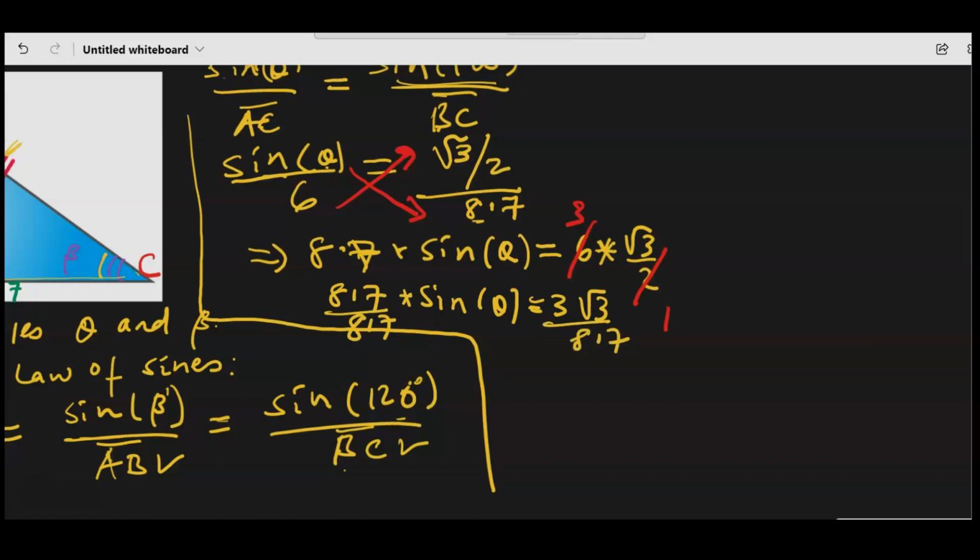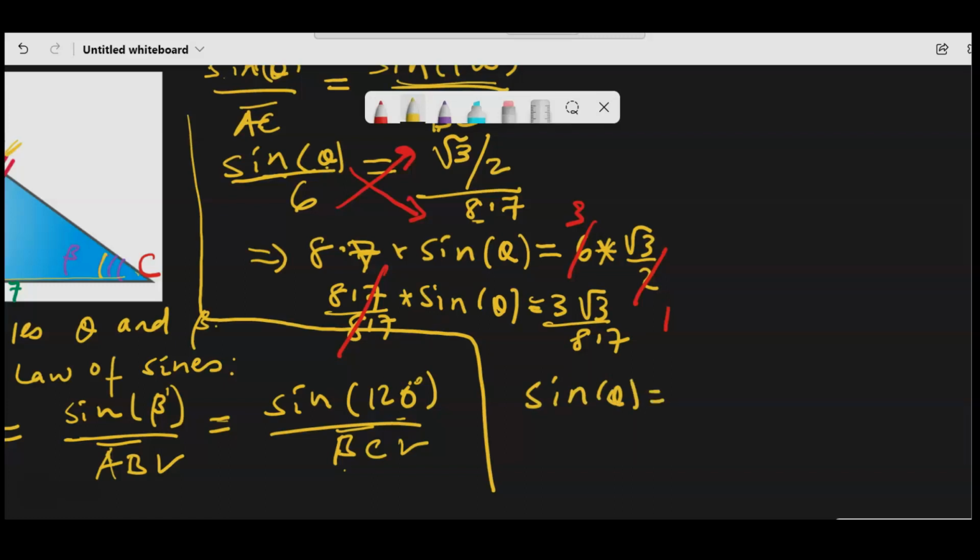This cancels out, and sine of theta is equal to 3 times square root of 3 divided by 8.7. So probably we need to have a calculator.